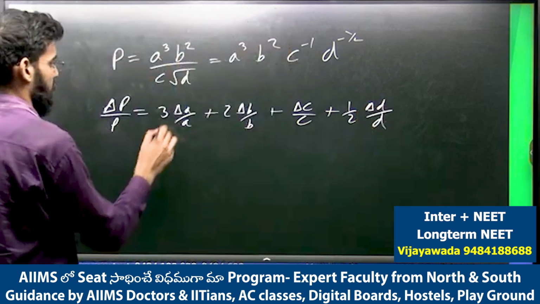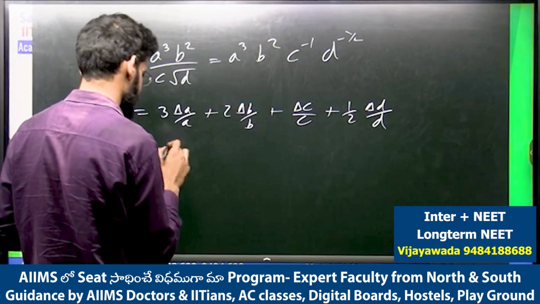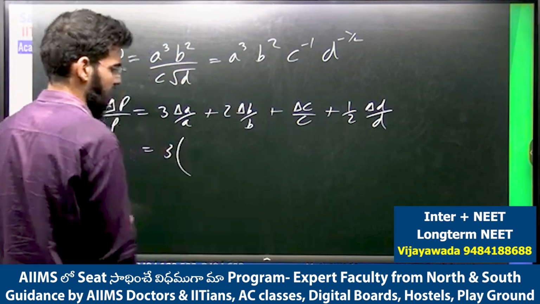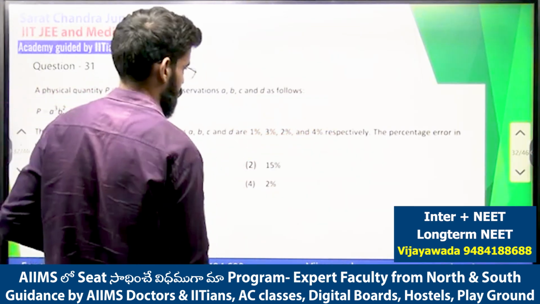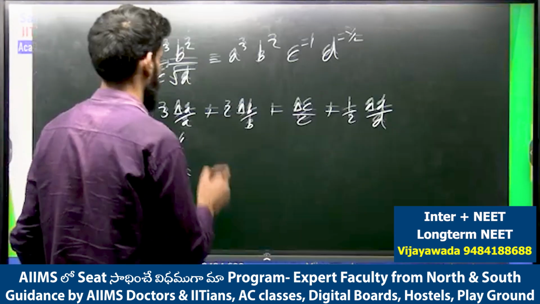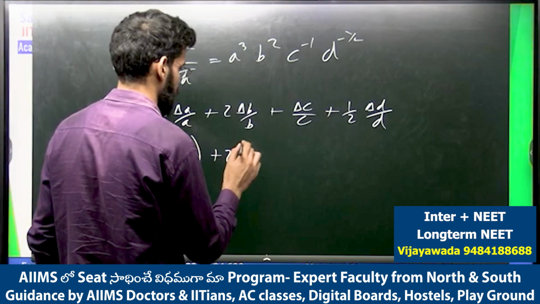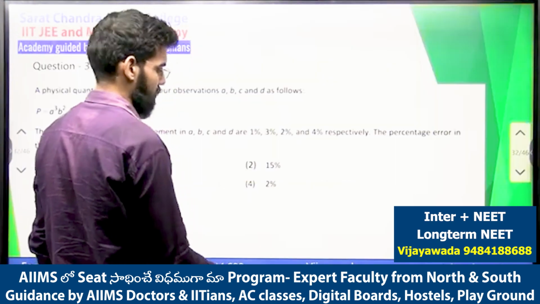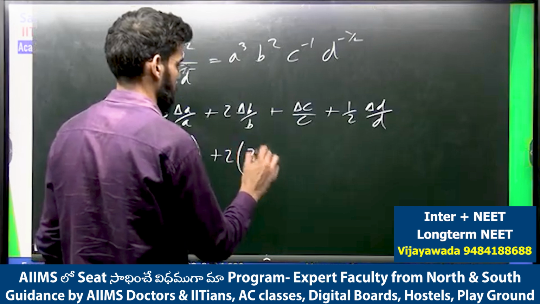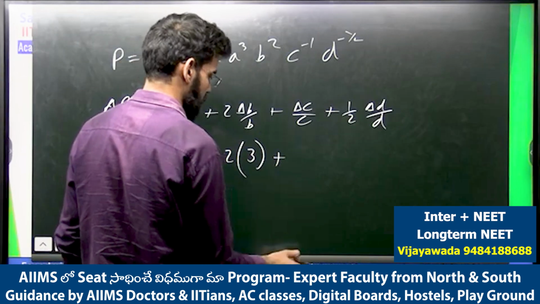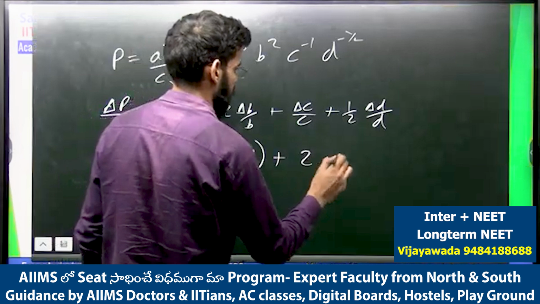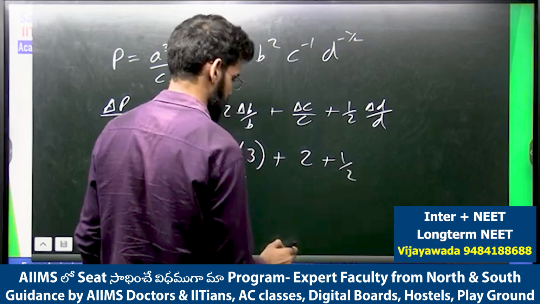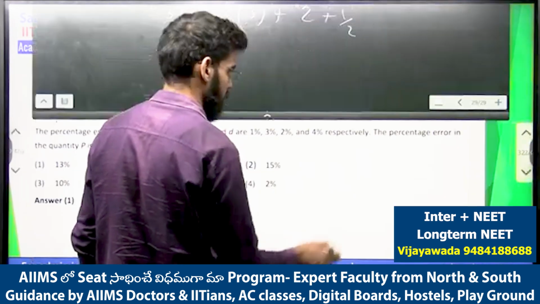So the percentage error in a is 1%, b is 3%, c is 2%, d is 4%. So 3 times 1%, plus 2 into b's error 3%, plus c's error 2%, plus half into d's error 4%.